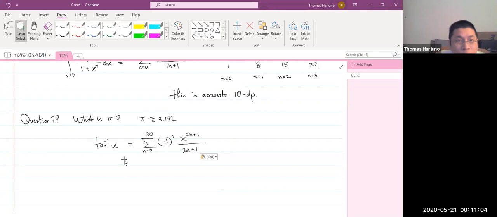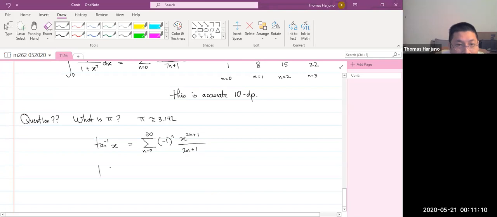Now, what is the actual value of pi? Notice that tangent inverse 1 is known to be pi over 4, right? But at the same time, on the right-hand side here, when you replace x by 1, you basically replace this x by 1.